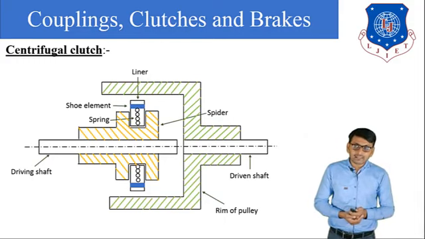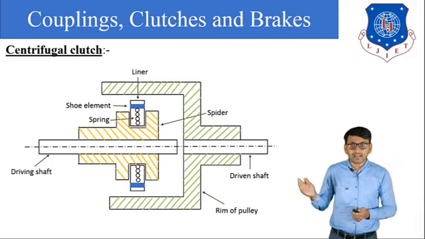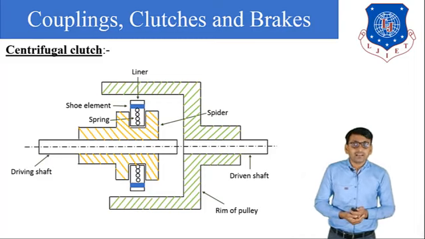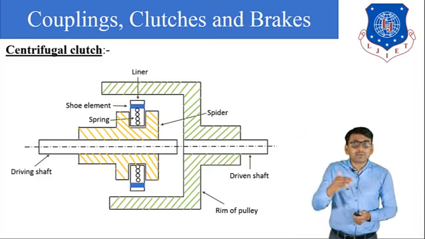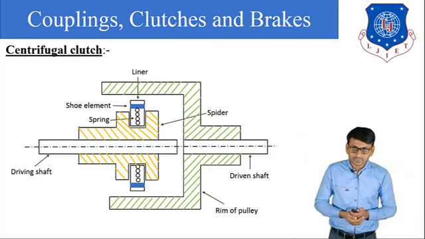In the spider assembly, there is a spider, then there is a spring, then there is a shoe element and a friction liner at the top of the shoe element.